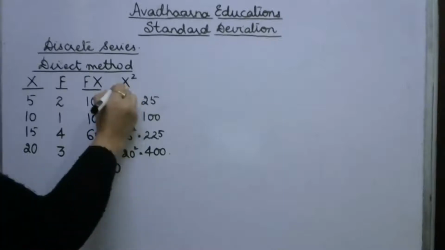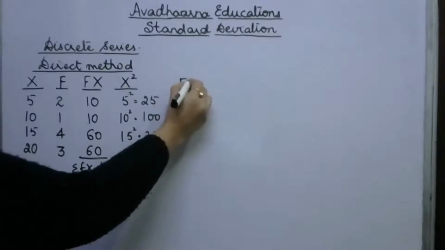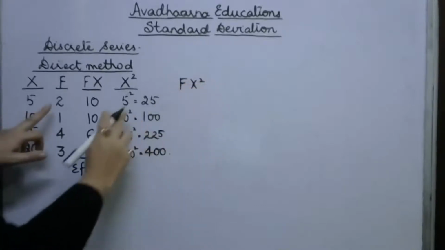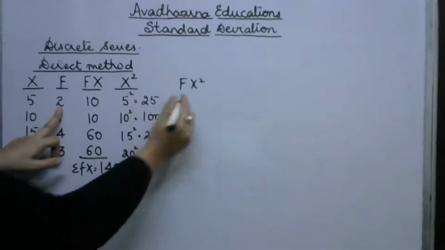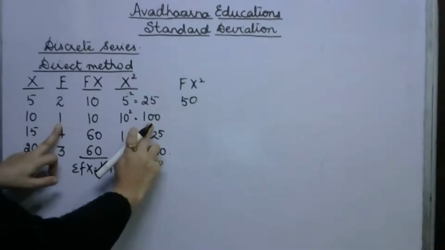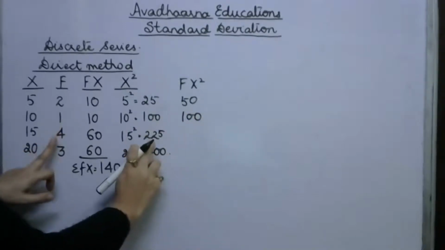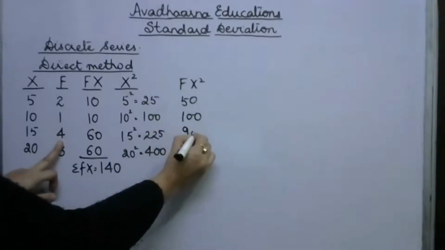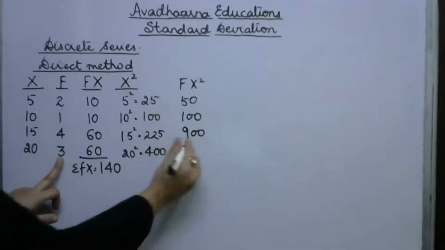Then let's multiply these squared observations with the frequency, fx square. So 25 multiplied by 2. Frequency is 2, x square is 25. 25 multiplied by 2 will be 50. 100 multiplied by 1 is 100. 225 multiplied by 4 is 900. And 400 multiplied by 3 is 1200.